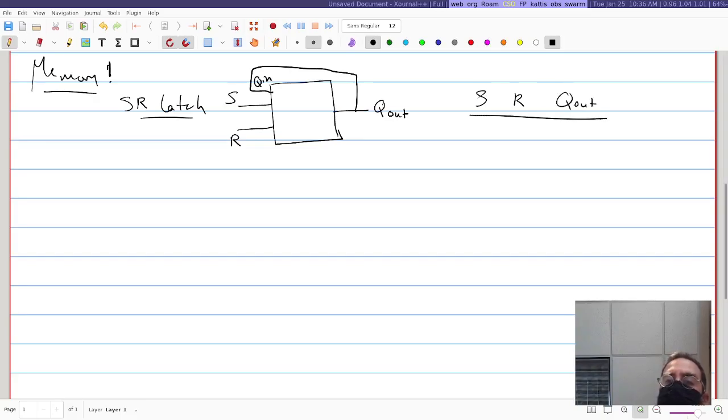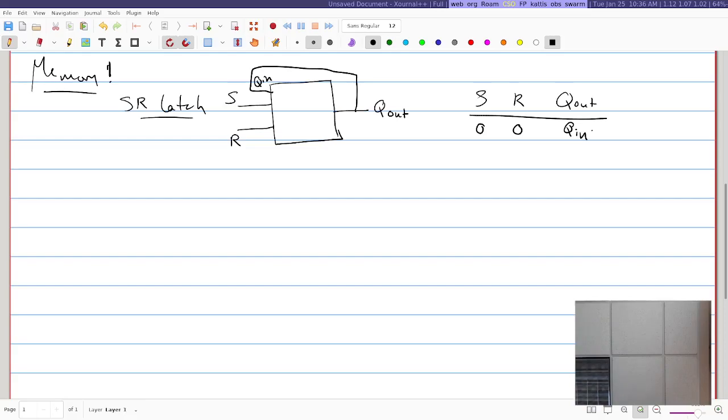So this is a kind of pseudo-truth table. You'll see why I say pseudo in a second. When S and R are both 0, it means we don't want to do anything right now. It should just remember the value it previously had. So under Q out, I'm going to write Q in. This is why it's a pseudo-truth table: I'm just saying Q out should remain the same value, whatever Q in currently is.